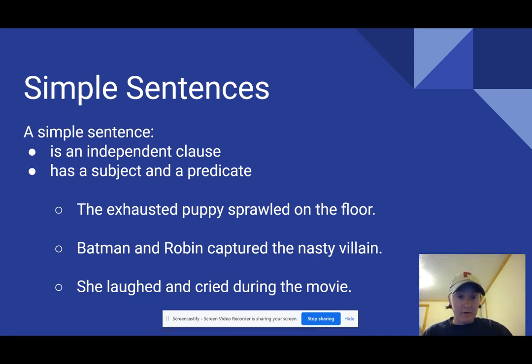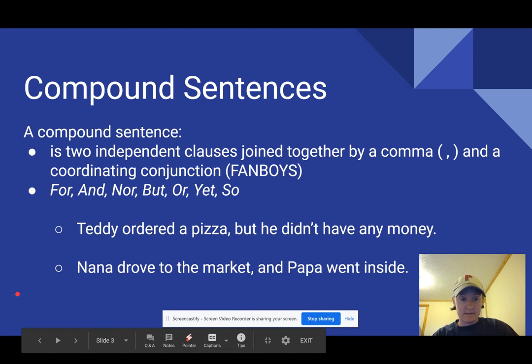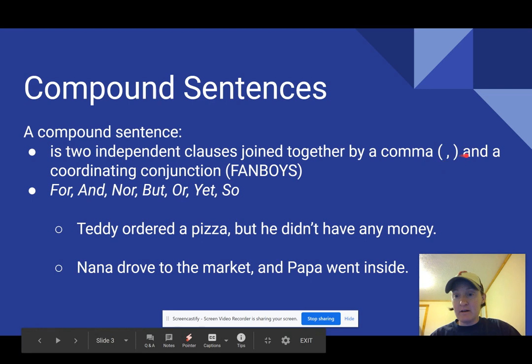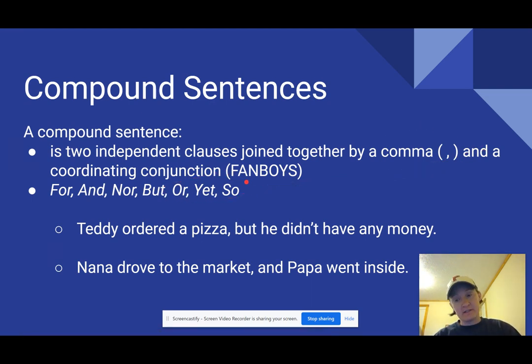Let's move on to compound. All right, compound sentence is basically taking what we just had, taking one independent clause and joining into another independent clause with a comma and a coordinating conjunction. It's been a while since we knew this, but fanboys, hopefully it's ingrained in your head.